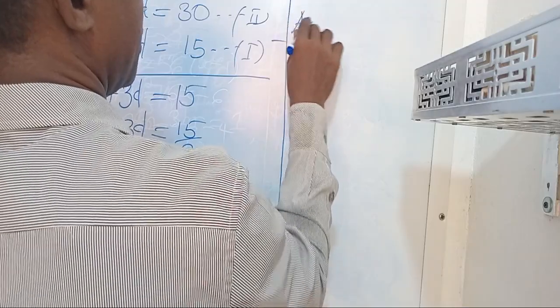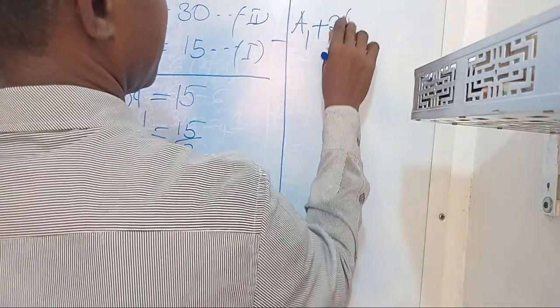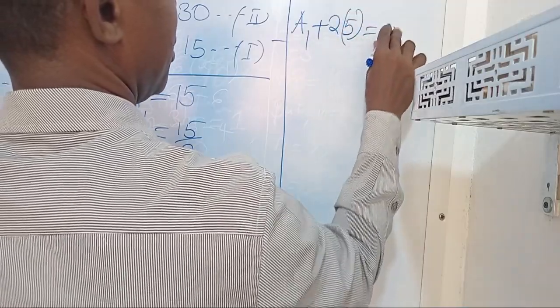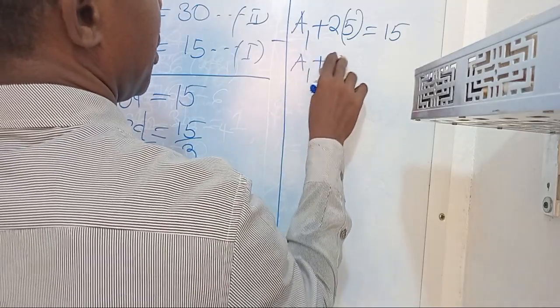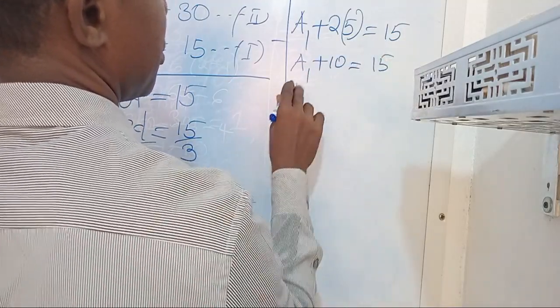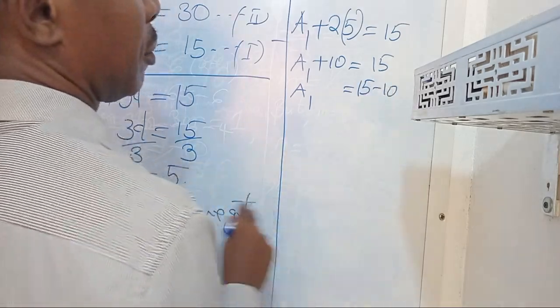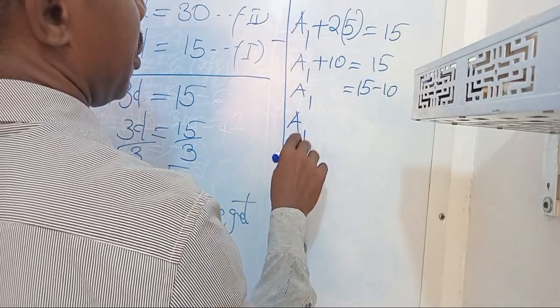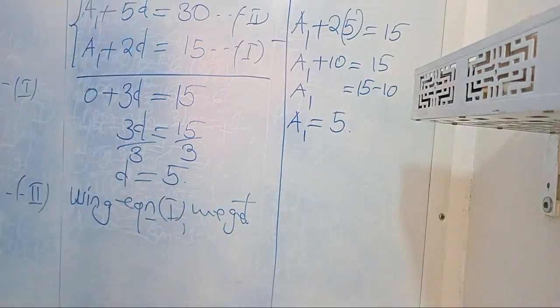We have A1 plus 2 times d, and d is 5, so you put 5 there, equals 15. So A1 plus 10 equals 15. A1 is equal to 15 minus 10. So we get A1 equal to 5. So A1 equals 5, and d also equals 5.